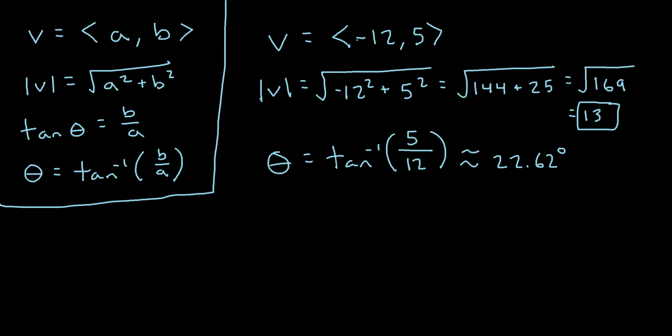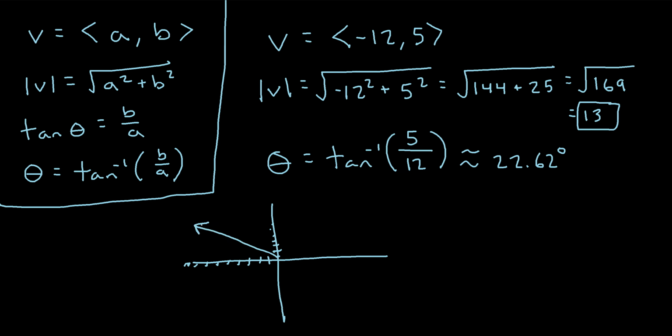If we imagine this vector, so if we draw it, we said the horizontal component is -12. So in the x direction, we're going -12. And the vertical component is 5. So if we're out here, 12, and we're going up 5, then our vector lands somewhere out here.